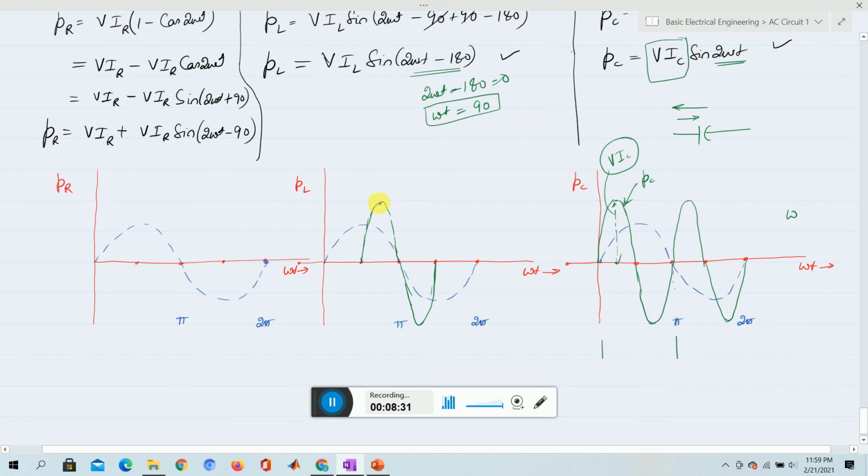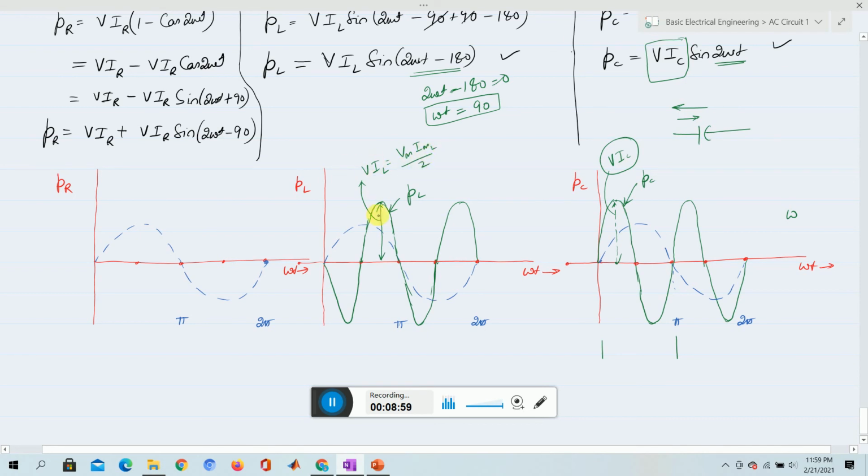So you can observe how PL is obtained, and then you can draw the rest of the waveform here, and here also. So this gives you the value of PL, and this magnitude is obviously equal to VIL. You can also write that this magnitude is VM IM by 2.